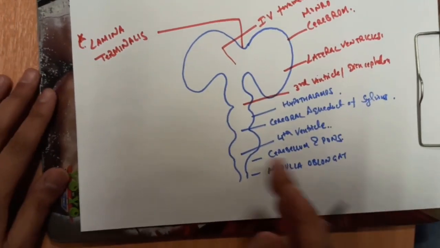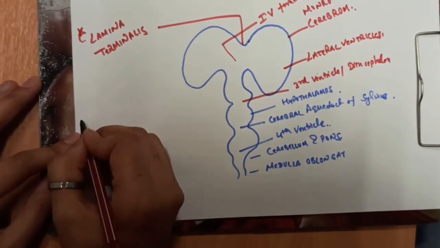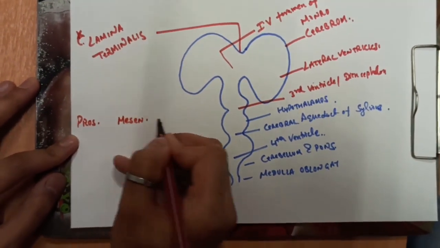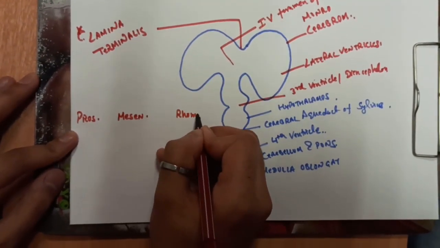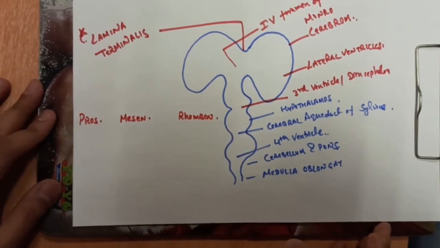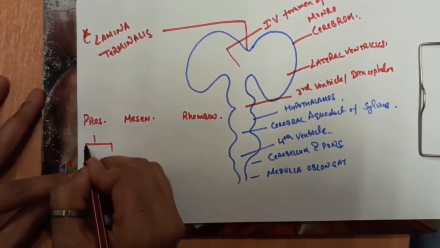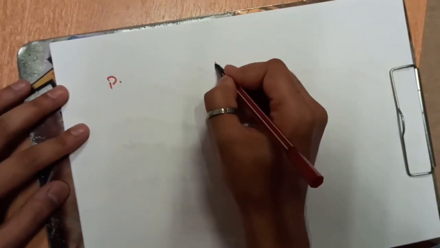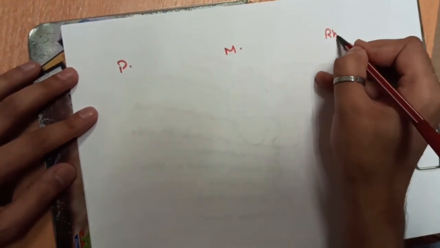Later on, due to development, there will be 3 main parts formed: prosencephalon, mesencephalon and rhombencephalon. Let me make it on the next page. This is prosencephalon, this is mesencephalon, this is rhombencephalon.